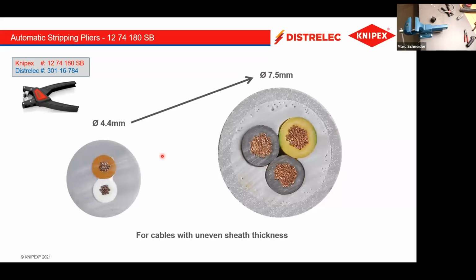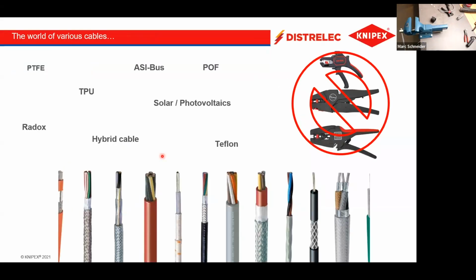Good. So now we go from automatic strippers to very special stripping tools. Automatic wire strippers can come at some point to their limits, especially when you have these type of special insulations like Teflon, hybrid cables, Radox cables, POF, and for example, solar, auto, or photovoltaic cables.